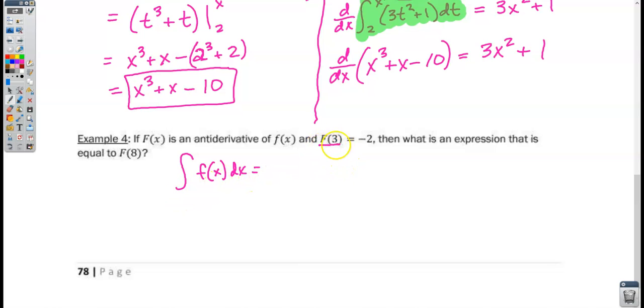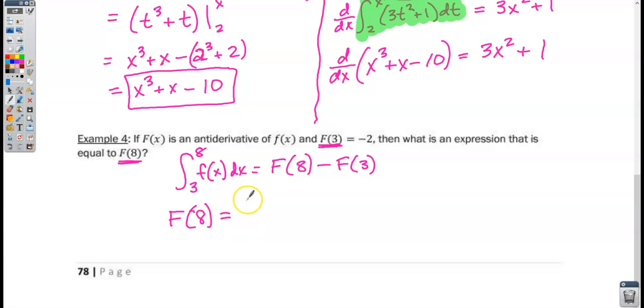So we're told in this problem that capital F of 3 equals negative 2, and we want an expression for capital F of 8. So I'm going to use those as my limits of integration here. The integral from 3 to 8 of lowercase f of x dx is equal to capital F of 8 minus capital F of 3. And since we want an expression that's equal to capital F of 8, I'm going to isolate that by itself.